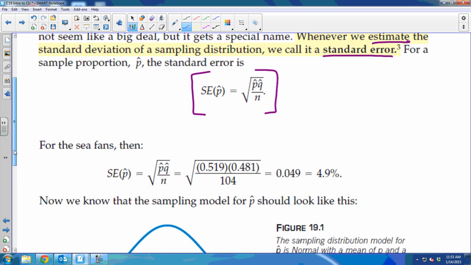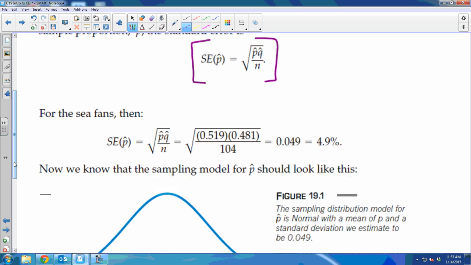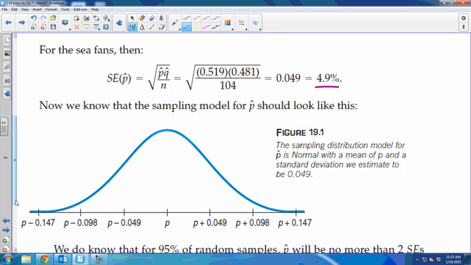So using our sea fans example, they come up with a standard error of 4.9%. Okay, no big deal. And so they know that the model should look something like this. If we knew P, then we have this standard error.